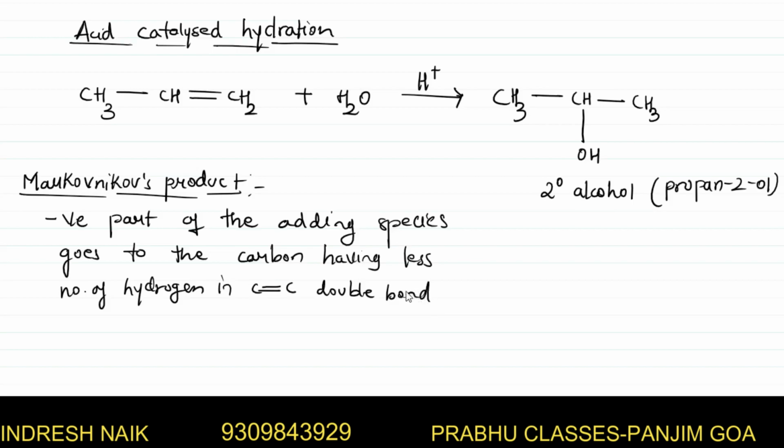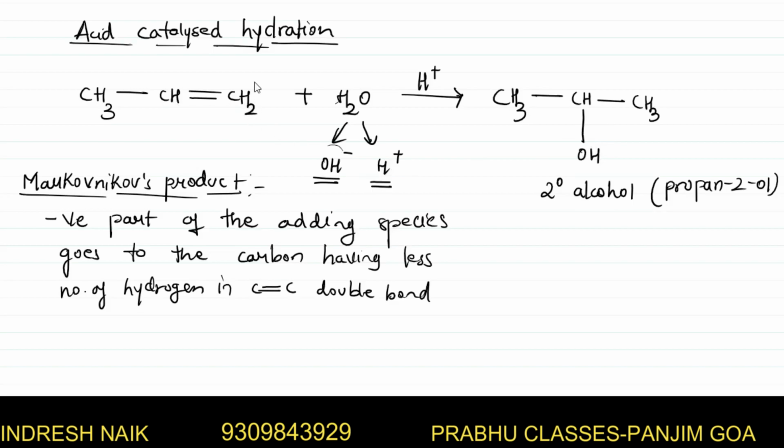This is what Markovnikov's rule is saying. So what is the negative part? If you break this water, it has two parts. One is OH minus and the other is H plus. This is the negative part, this is the positive part. So the OH goes to the carbon which has less number of hydrogen in the carbon-carbon double bond, and hydrogen goes to the other carbon.